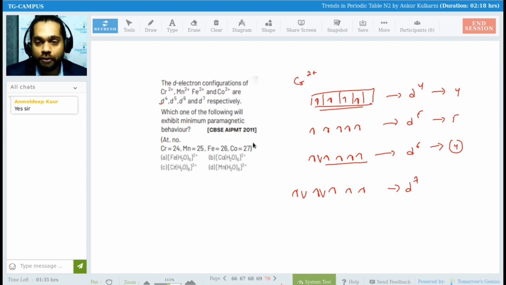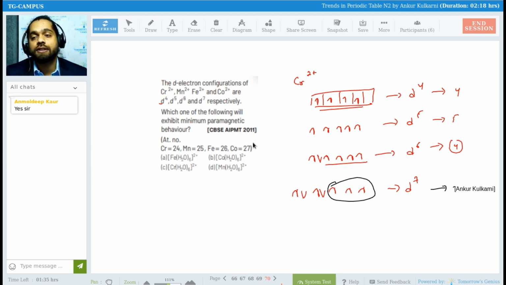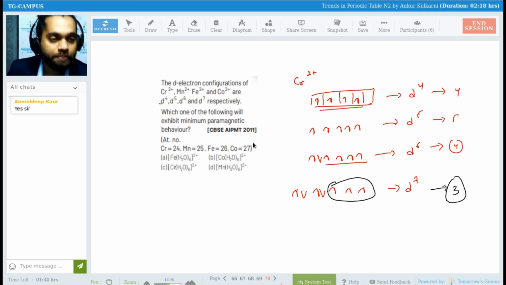We have only and only 3 unpaired electrons, and hence it shows the minimum paramagnetic behavior. Is it clear, Anmoldeep, Prashanti, Sajna, Sindhuja?